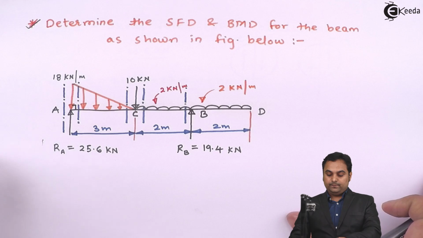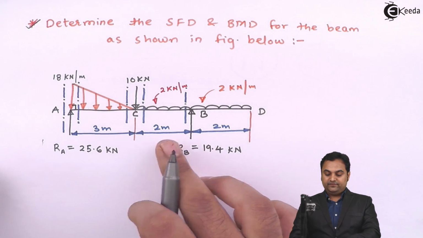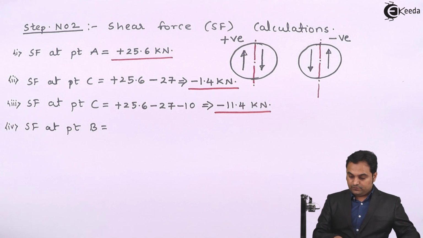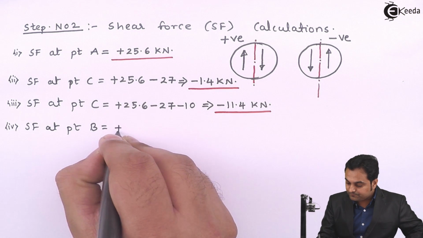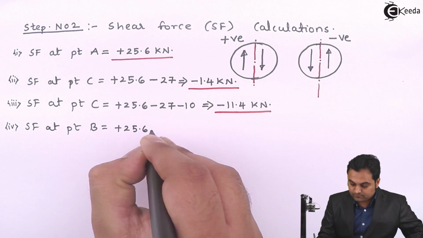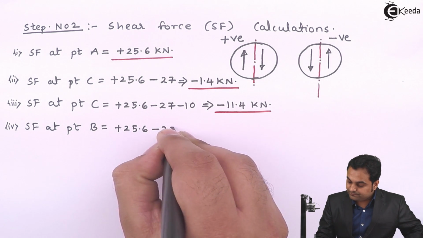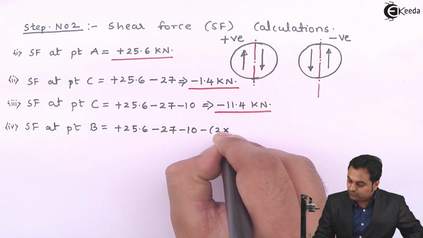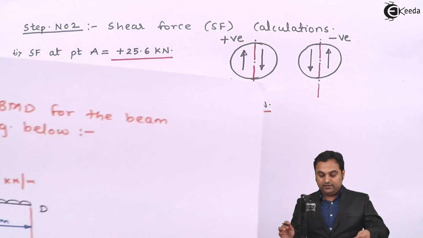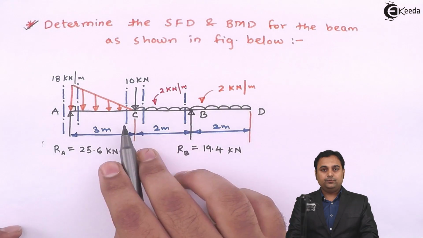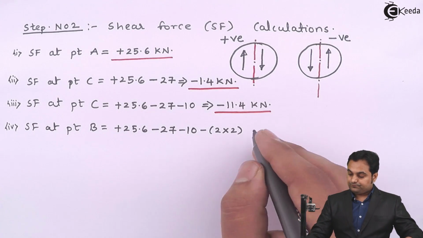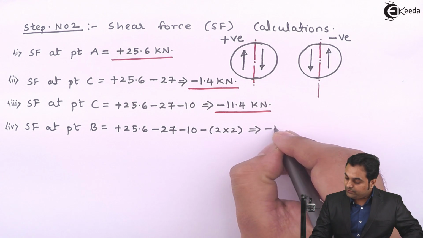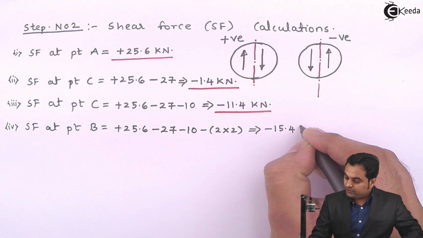So I'll write it down that on the left side of B the forces are plus 25.6 minus 27 minus 10 minus 2 into 2, that is the UDL from C to B portion. So this gives me the value as minus 15.4 kilonewton.